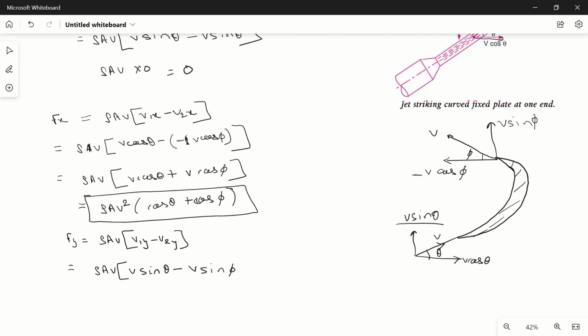They are in the same direction, so we have not taken a negative, unlike the x components, which are in opposite directions. We can take v common: rho A V square (sin theta minus sin phi). So this will be the force in the y direction. You can see that this is not 0. The force will be 0 only if the plate is symmetrical, like in the first case. Here the force in the y direction will also be exerted on this plate.